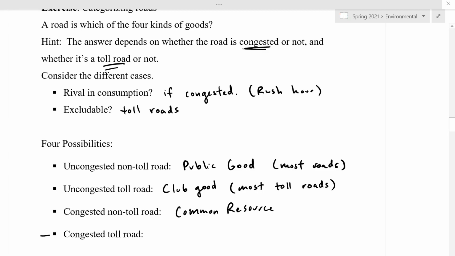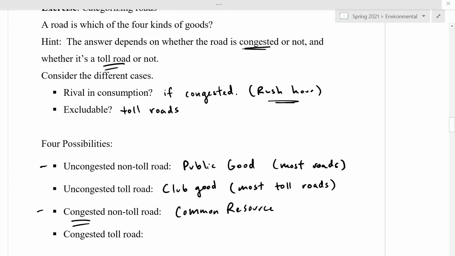That's kind of what we could think about as most roads, but again, during rush hour. And so a single road might actually take on 2 different characteristics at 2 different points in the day. But if it's congested, then my being on the road is taking away other people's ability to use it.